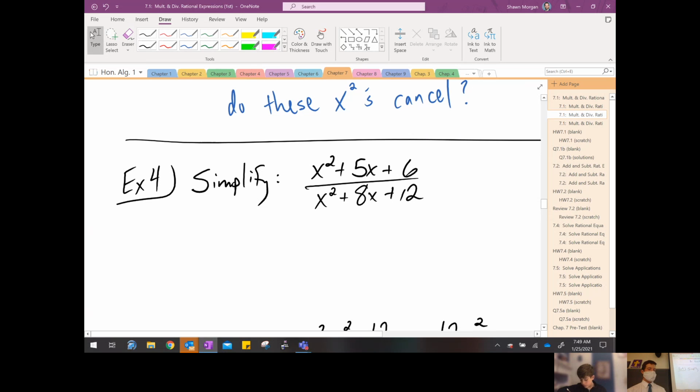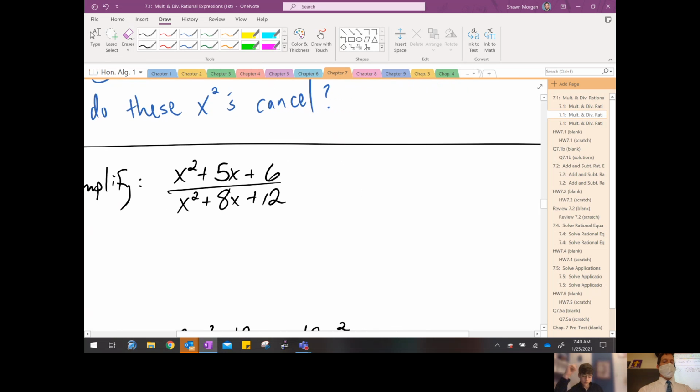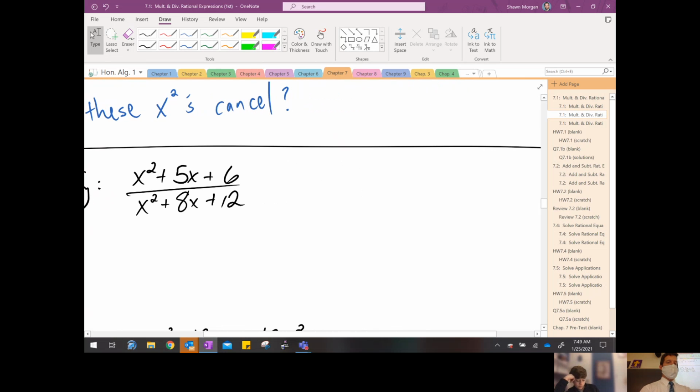George, can you factor the top for us real quick? Oh, 6 is positive, so I need 2 positive factors. Thank you, sir. So x plus 3, x plus 2. Okay, Tiago, can you factor the bottom?